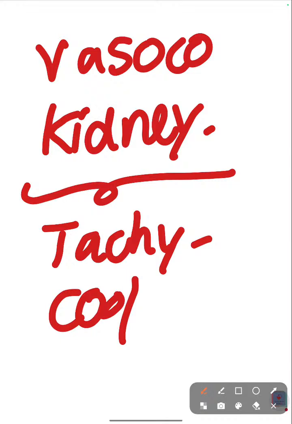In the early stage of shock, the body attempts to maintain adequate cerebral and coronary blood supply by redistributing blood to vital organs like the brain and heart. This is achieved by activation of various neurohormonal mechanisms causing widespread vasoconstriction and fluid conservation by the kidney.